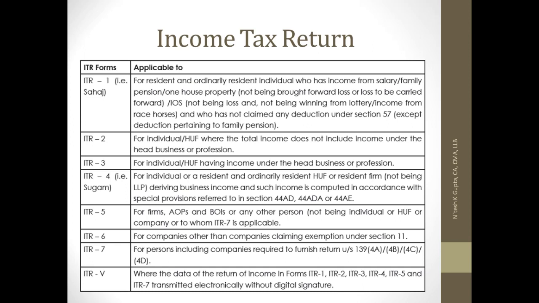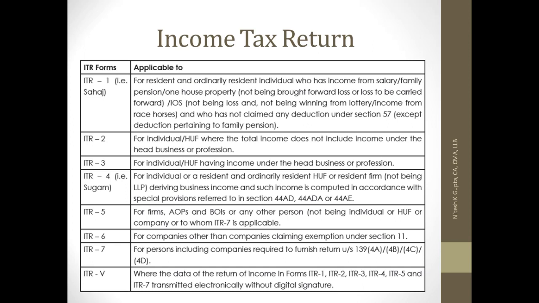Now ITR V is a form which is generated when we file the return without signing. So return can be filed with sign or without sign. If we file it without sign, ITR V is generated. Once we send this signed form to the income tax department, then acknowledgement comes. So this is an intermediate stage between income tax return and acknowledgement.